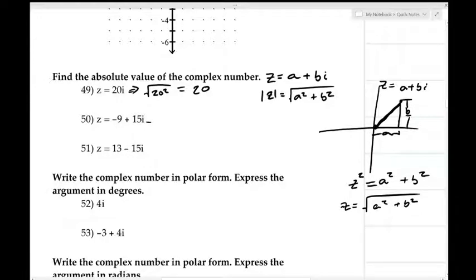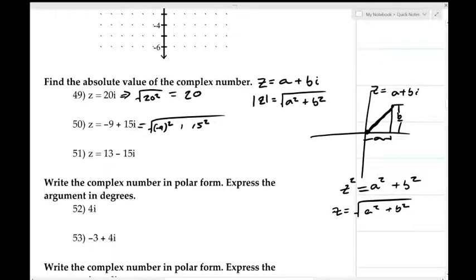Here, we're taking the absolute value of it, or the magnitude. It'll be the square root of 9 squared plus 15 squared. 9 squared or negative 9 squared give us the same thing, so it's okay to not use the negative. But if we do use it, make sure you put it in parentheses, so that when you put it in your calculator, it gives you the right answer. And we get something like square root of 306.